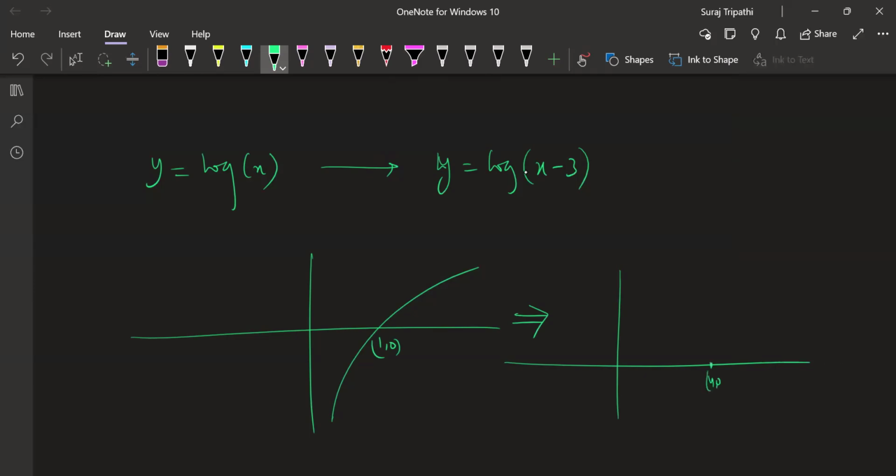Previously this graph was approaching the y-axis, the line x equals 0. Now the line x equals 3 will work as that line, and the graph will approach this line and pass through (4, 0).